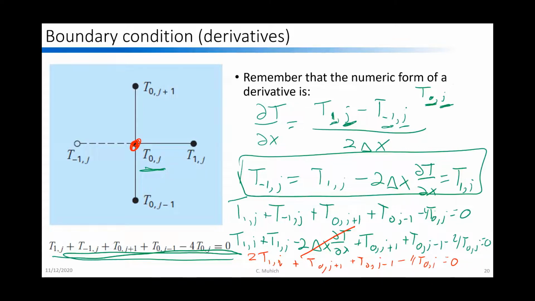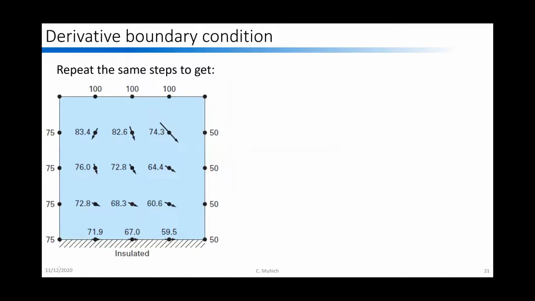where we have a derivative boundary condition, but the idea is going to be the same. So we can go ahead and repeat the steps that we had before, using that initial value, those boundary value problems in Gauss-Seidel, and we'll find a slightly different solution shown here on this map, and I've added in arrows to show what those gradients are.